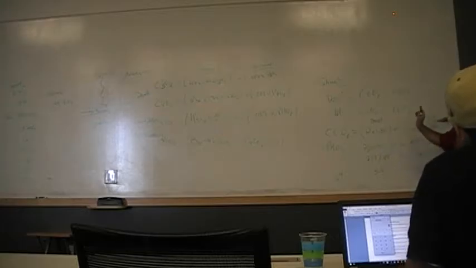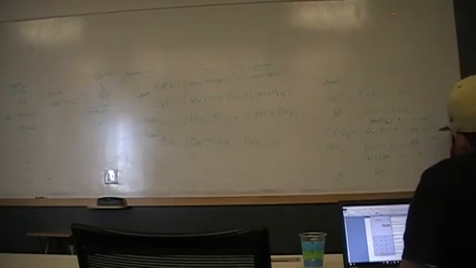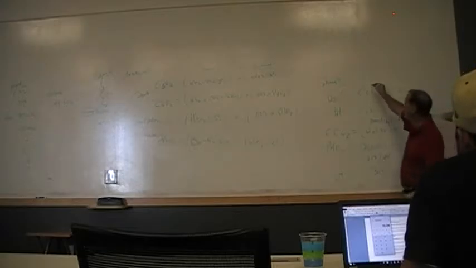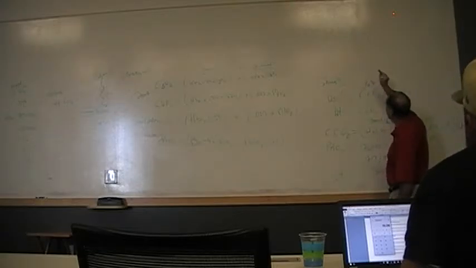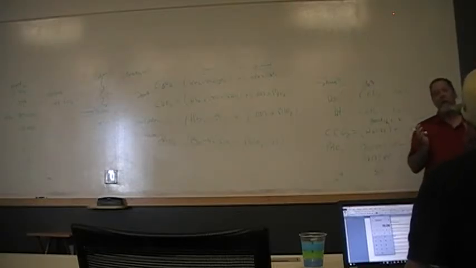12 times 1.34 is 16.08. 16.1 plus 0.7 is 16.8. So our capillary content is 16.8. Is that good? It's all right.